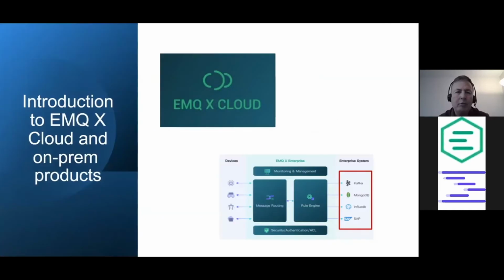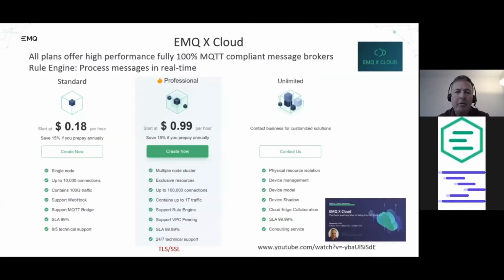So now a brief introduction to EMQ X Cloud and on-prem products. With EMQ X Cloud, we have 3 plans: standard, professional, and unlimited. And all plans offer a high performance, fully 100% MQTT compliant message broker. And all plans have a rule engine that allows you to process messages in real time.